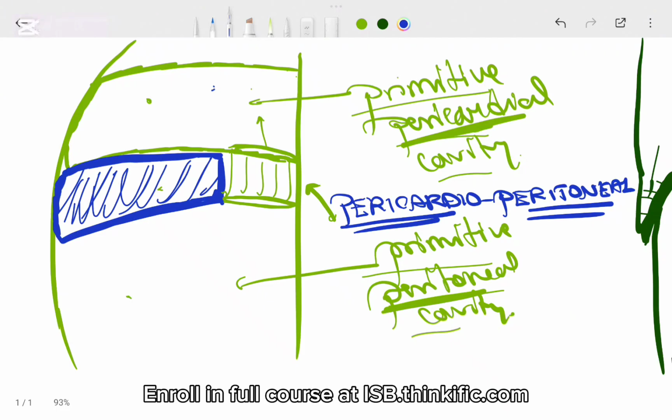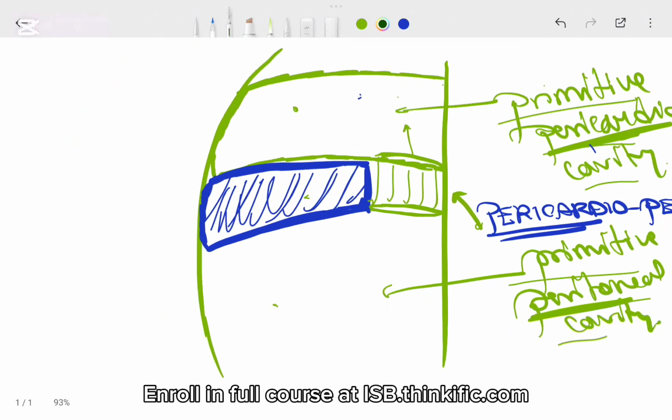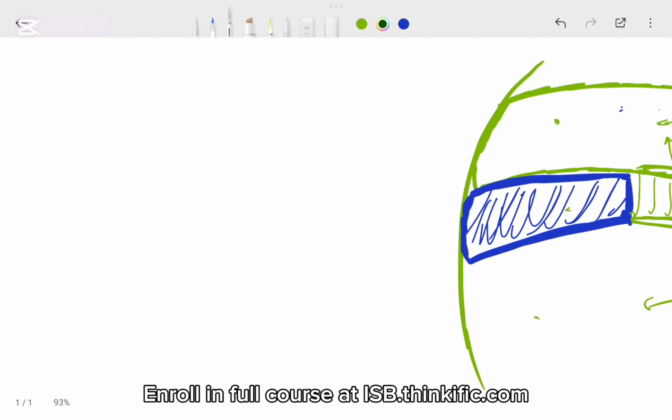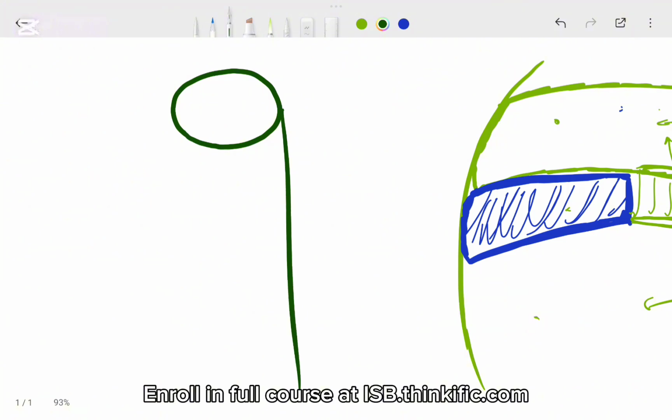Now there's something you have to know. This is the foregut tube, and it will give rise to something called the lung buds, or the tracheobronchial diverticulum, also called the tracheopulmonary diverticulum.